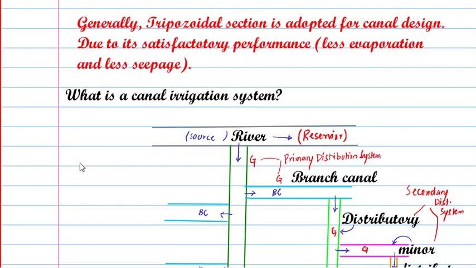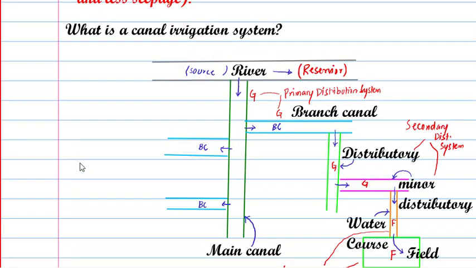And the next thing we discussed is the canal irrigation system. What are the different components? What is the composition of a canal irrigation system? It starts from the river or reservoir, which is the source. From the source, we get our main canal.